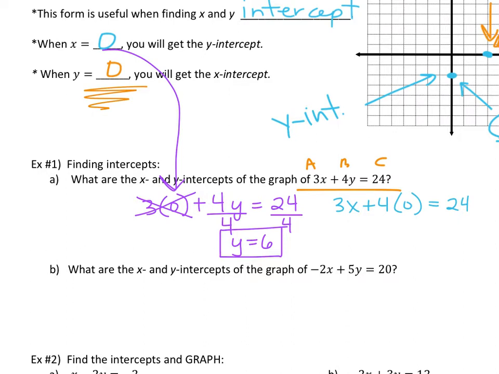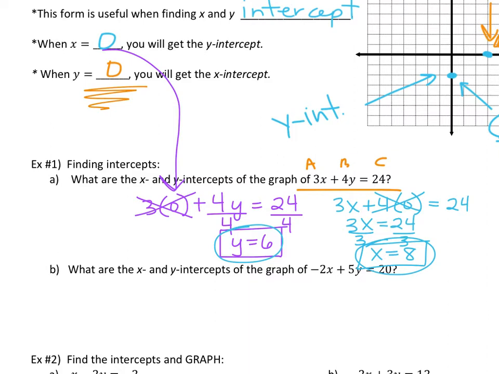Simplify that. 4 times 0 is 0, so I get 3x equals 24. Divide by 3 on both sides then, and I get x equals 8. So when they ask you for your x-intercept and your y-intercept, your x-intercept is 8, your y-intercept is 6.